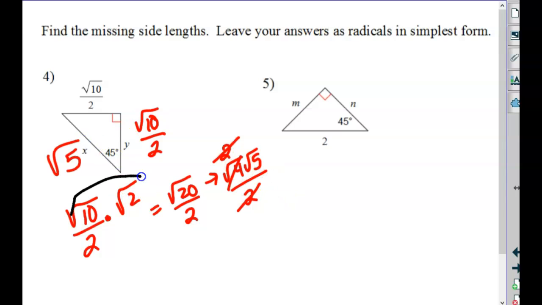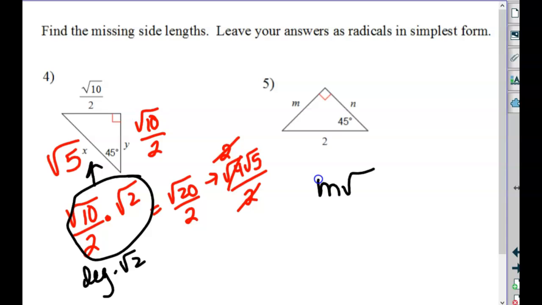So this is the idea that got us to there. It was leg times square root of 2. Okay, over here, anybody remember how we do this? Square root of 2 over 2. Well, we got to talk about that. Let's think about why. What's happening? This is supposed to be m or n times the square root of 2, right?